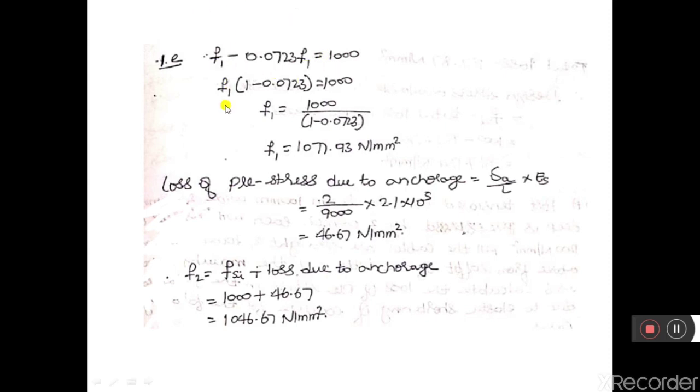So this is the condition: F1 minus 0.0723 F1 is equal to F1 into 1 minus 0.0723. Here F1 is taken as a common factor, and it is equal to 1000. So F1 is equal to 1000 by 1 minus 0.0723. Therefore F1 is equal to 1077.93 Newton per mm square.